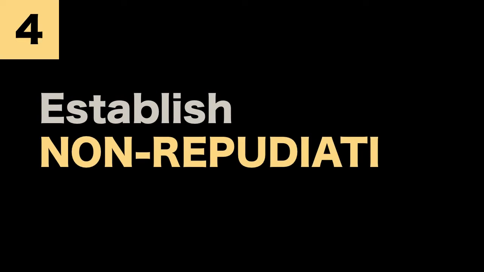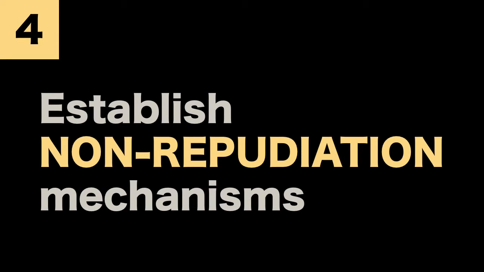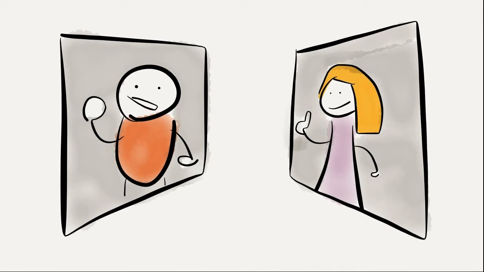And the last principle we'll see of computer security is establish non-repudiation mechanisms. The last story is about 2 friends talking by Skype, George and Sarah. George is inviting Sarah to come to a party at his place. Every guest will bring something, and George tells Sarah to bring beer.